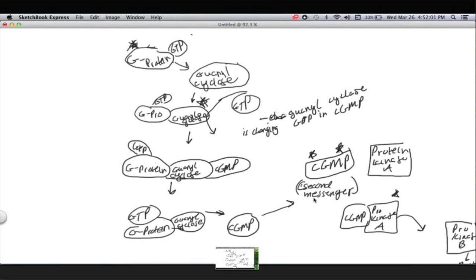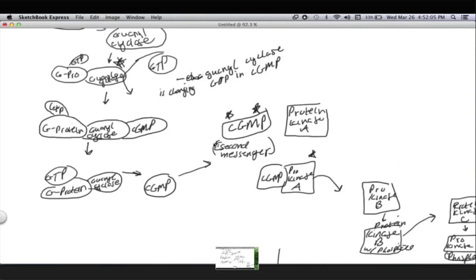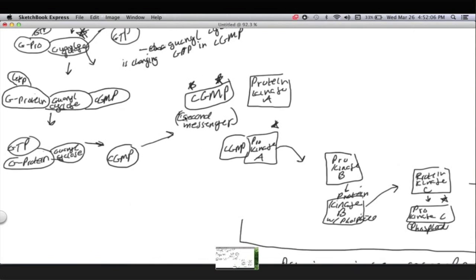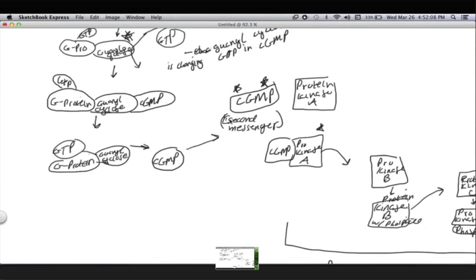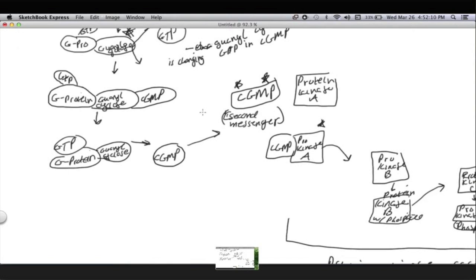We only showed it making one because we don't have the energy to draw hundreds of those. But after it makes one GTP into a cyclic GMP, it'll turn another GTP into a cyclic GMP, and then another. It might do that hundreds of times. So each guanyl cyclase can create hundreds of second messengers. That would be worth mentioning in your essay answer.